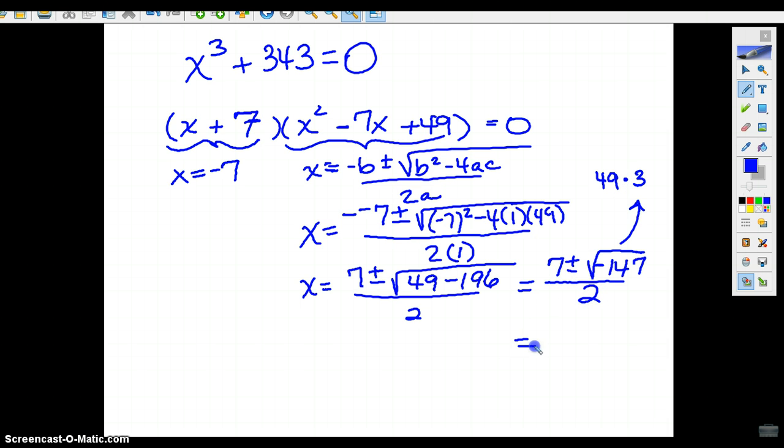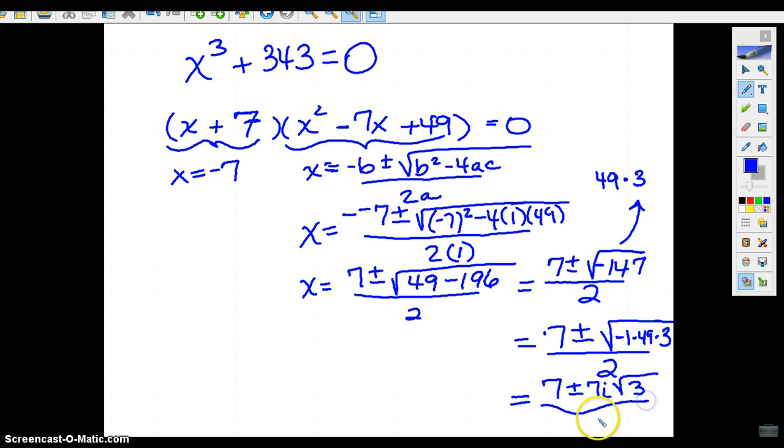So, I can get 7 plus or minus the square root of a negative 1 times 49 times 3 all over 2. Simplify again. 7 plus or minus square root of 49 is 7. Square root of a negative 1 is i. The square root of 3 has to stay inside. All over 2.